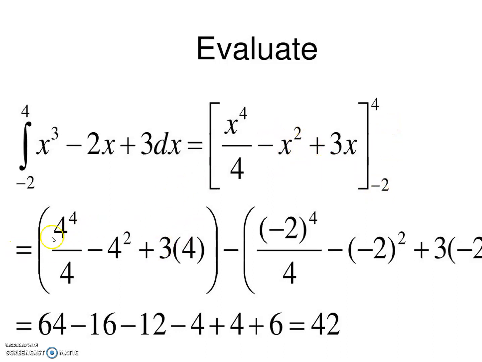We have to put the value of x in this function as 4. 4 raised to 4 upon 4 minus 4 raised to 2 plus 3 into 4, minus 2 raised to 4 upon 4 minus 2 square plus 3 into minus 2. Simplify. 64 minus 16 plus 12, minus 4 minus 4 plus 6, is equal to 42.